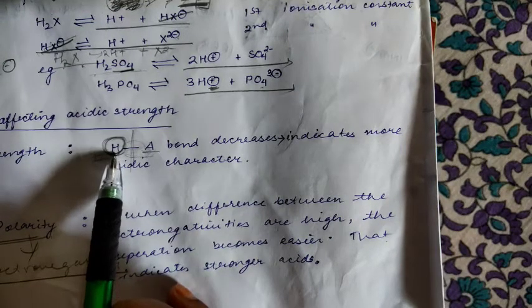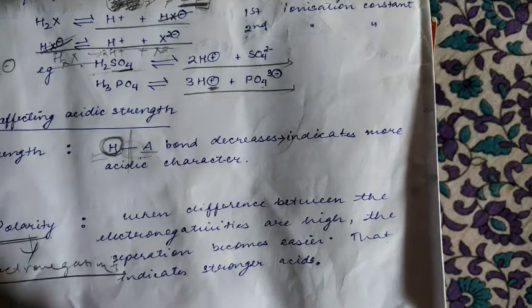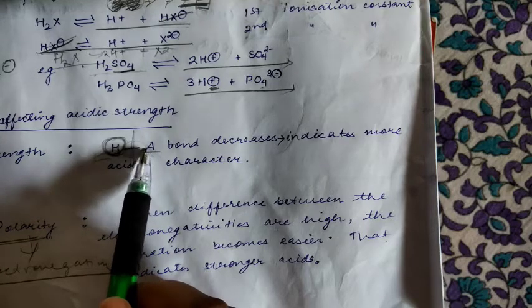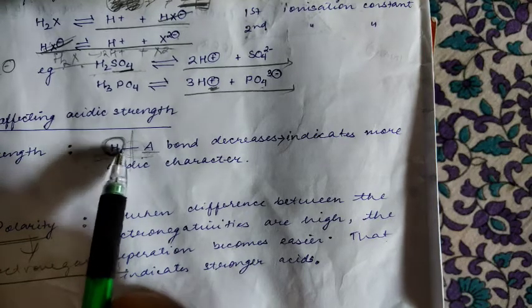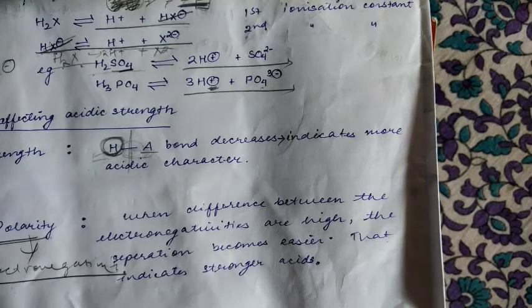The release of H in that case will become very difficult, because H is also pulling the electrons and A is also pulling the electrons, so the release of H will not occur easily from A, and in that case we will get a base, or a very less acidic substance.